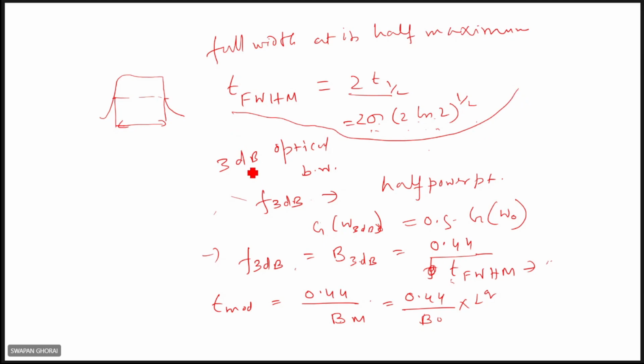Now, what is the 3 dB optical bandwidth? It is f3 dB, which corresponds to the half power point. That is the conventional definition of bandwidth. You have seen this for the transform G(omega). The maximum value will be at omega equal to 0, and the half power point will be 0.5 of G0, G of omega 0.